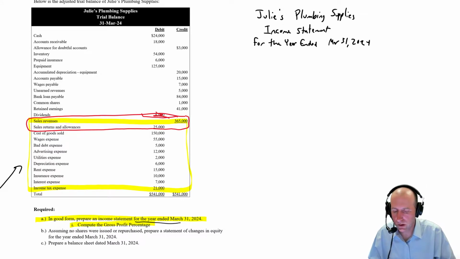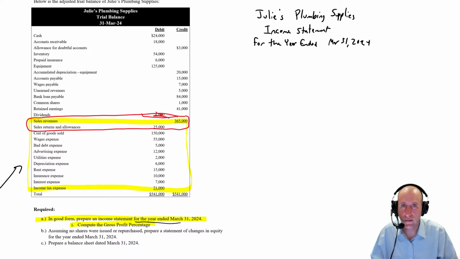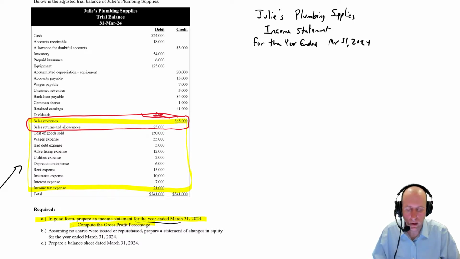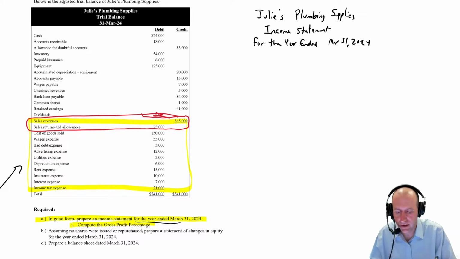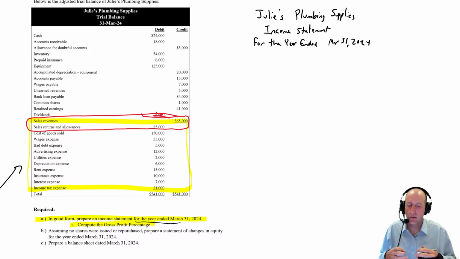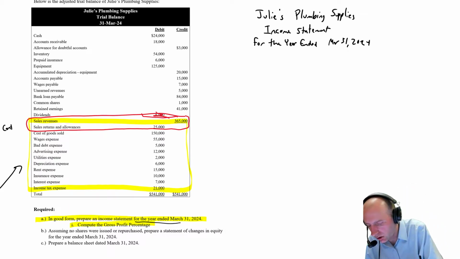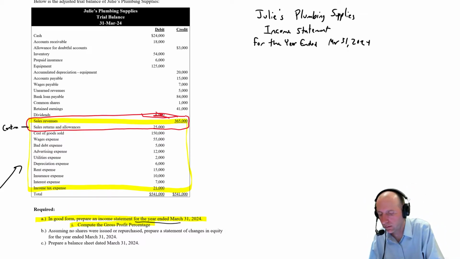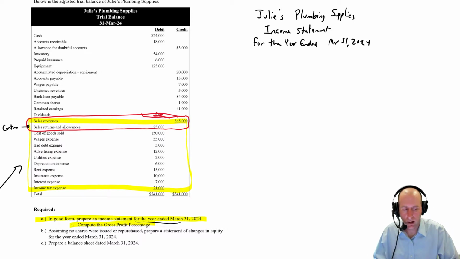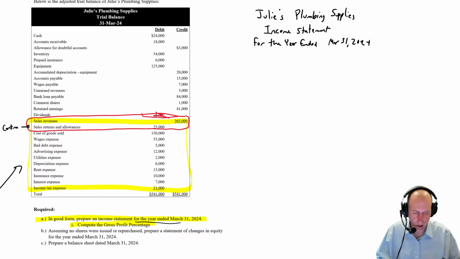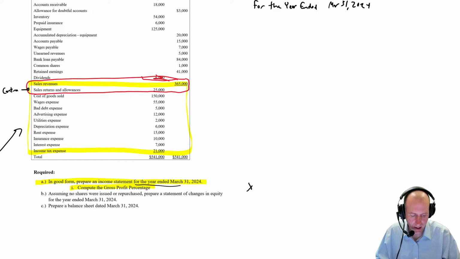Okay, our sales revenues were 365. Our sales returns were 25,000. So we take one minus the other. Our sales minus our returns and allowances is our net sales. This is a contra revenue account. I'll do this calculation at what I expect to be the bottom of the page, with a little star here.